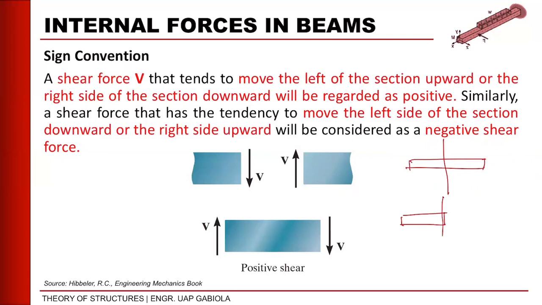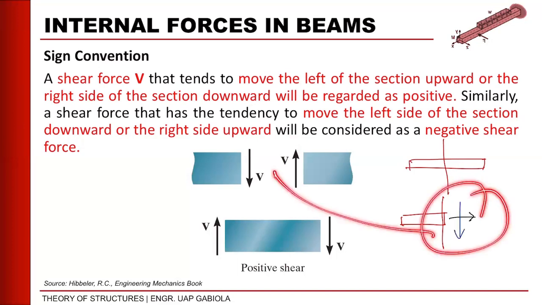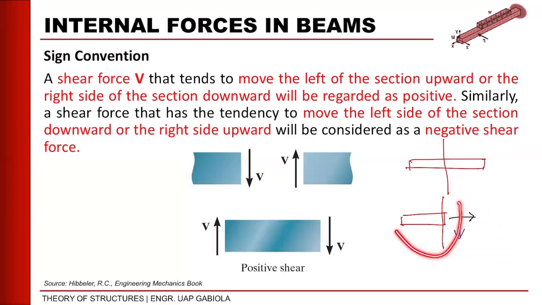Ayan. So, 'di ba, yung assumption natin for axial is away para positive. Sa shear, para mag-cause siya ng clockwise rotation, kailangan pa-downward yung assumption natin. Okay? Which conforms dun dito. Okay? So, dapat yung mag-cause ng clockwise na rotation. Okay? So, yun yung positive shear natin.